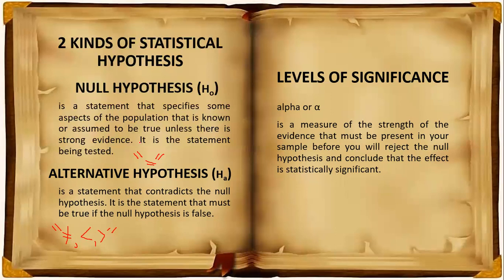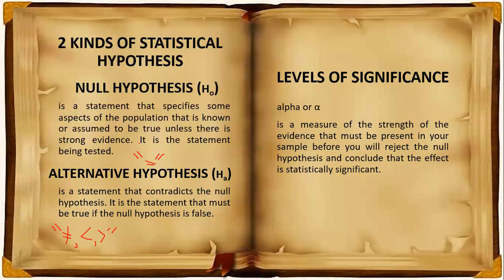So let's say there is a 90% probability of rejecting a null hypothesis. So it's like a percentage of when you reject or when you accept the null hypothesis, and it uses a percentage sign. Okay?